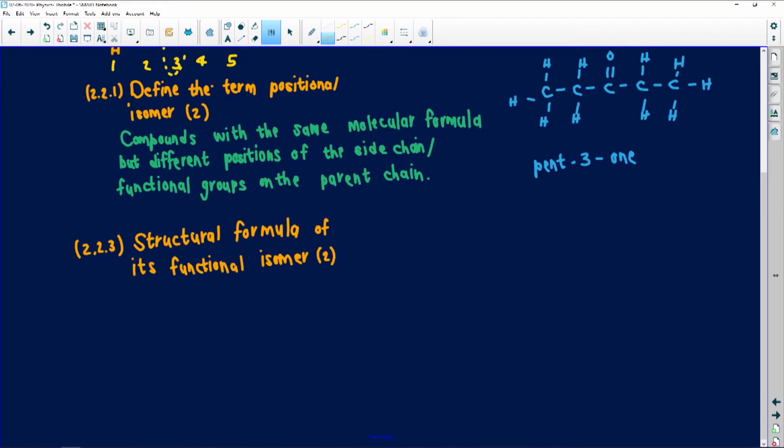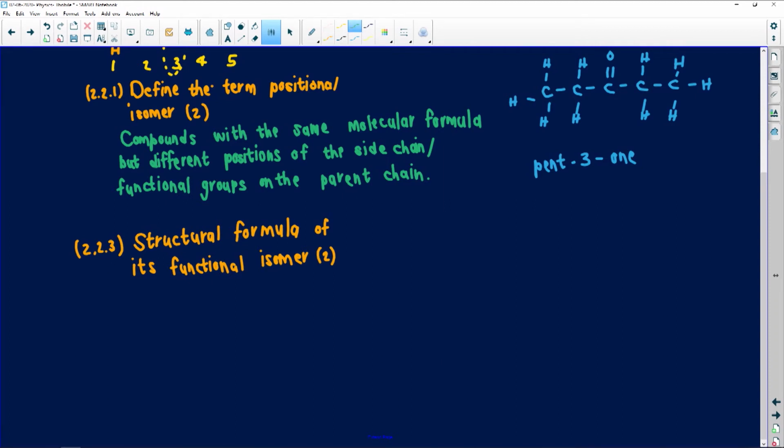Because they can say, find the number of functional isomers and provide the names for these structural isomers that you have found. So if you are feeling a little bit shaky, always make sure you go back and name it to simplify things or to check if you have actually answered the question. But in this case, they say we must write the structural formula of its functional isomer.